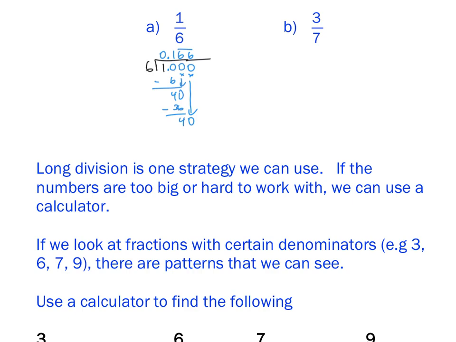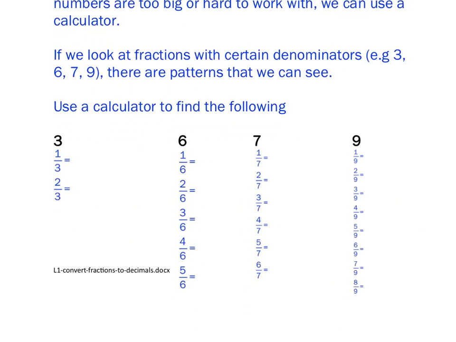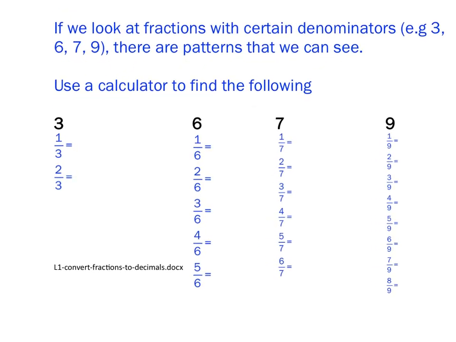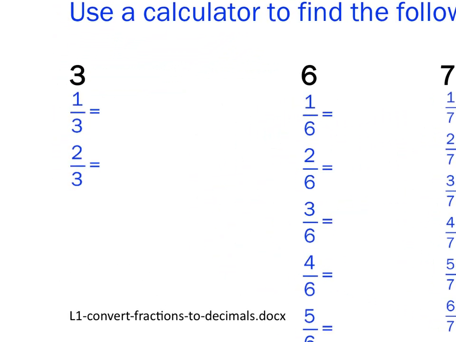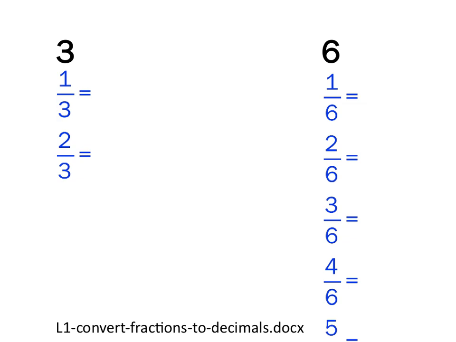So now, we're going to look at some of the denominators, these ones in particular, and what they are. So we did 2 out of 3. 2 out of 3 as a decimal is what? 0.6 repeated.